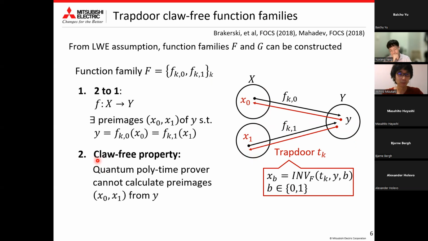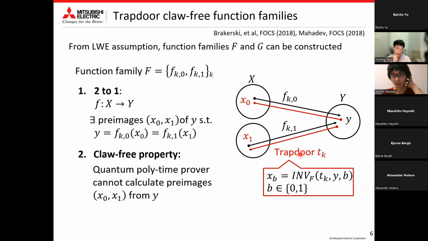The second property is the claw-free property. This means that a quantum polynomial time prover cannot calculate the preimages from the image Y, so this function is a one-way function. Namely, the calculation from left to right is easy, even for a classical computer, but its inverse calculation is hard, even for a quantum computer. But if we have trapdoor information, we can invert the image Y and obtain the preimage.